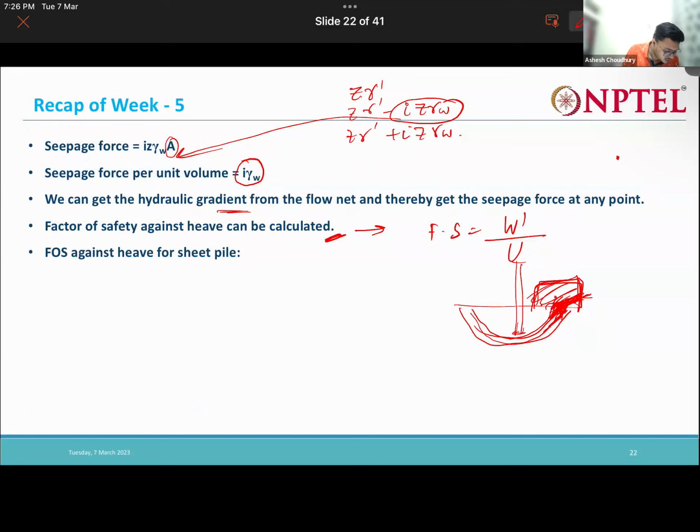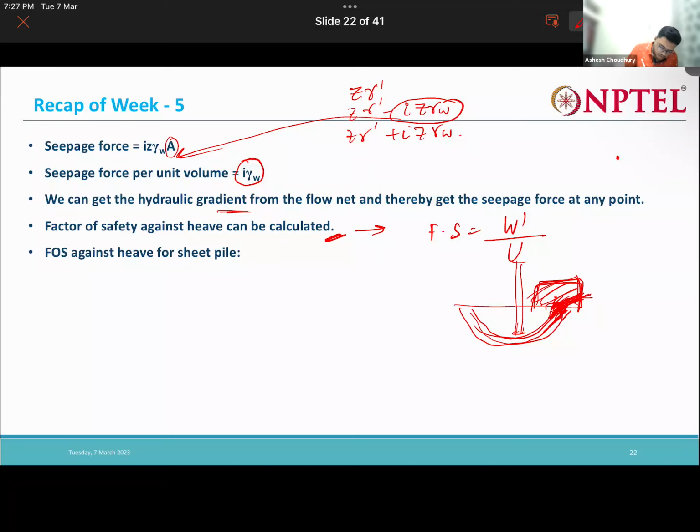Just a second, I will just write the equation.